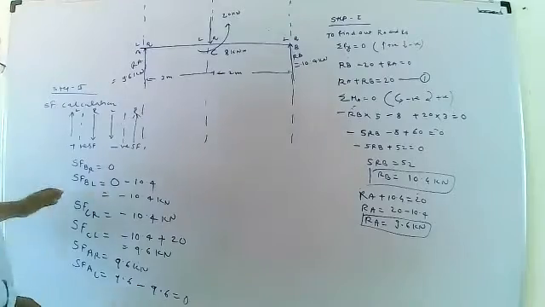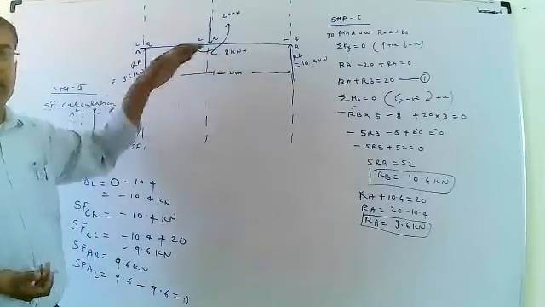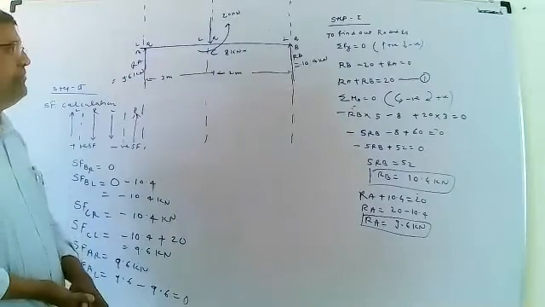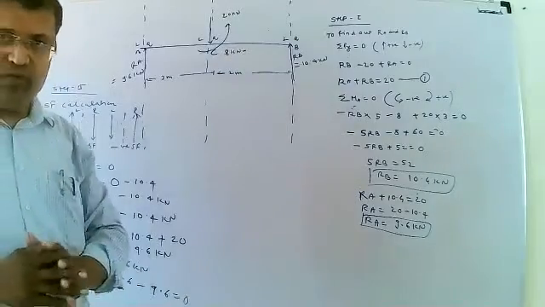Then here, this value will be continued at the point C on right side of the beam, because in between the portion CD it has no load.